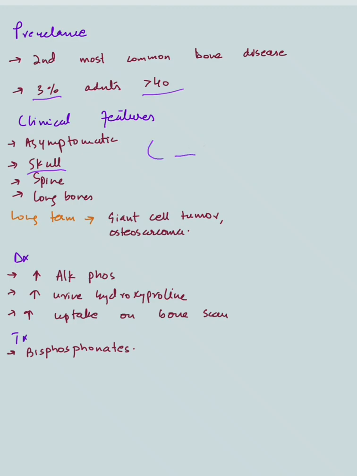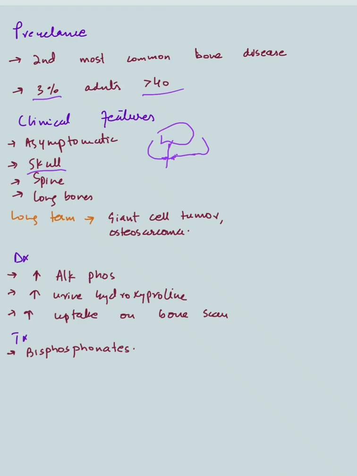Let's say this is a skull, this is the brain, and this is a nerve that arises from the brain and comes out of the skull through the foramina. What happens in Paget's disease of the bone is that there is increased bone growth. And when there is increased bone growth, it can compress this nerve in the foramina because of the narrowing of the foramina, and that results in various manifestations.